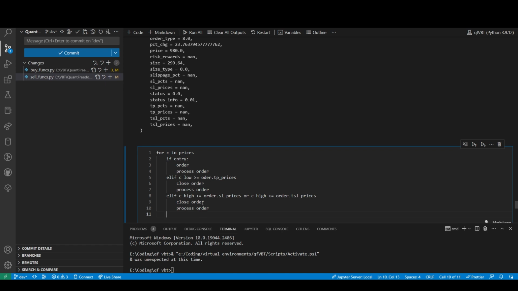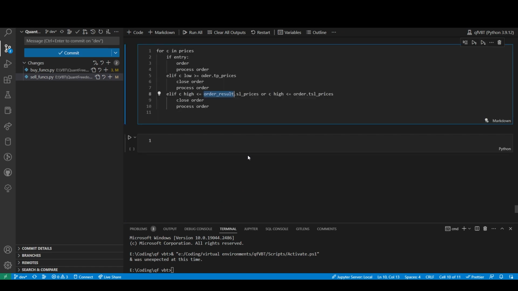And then you just update the account state and you update the order. So here we're updating order with order result, or like we're updating order result. I think we'd have to do this as order result. So it'd have to be order result, order result, order result. Because we have this entry, then we have this.